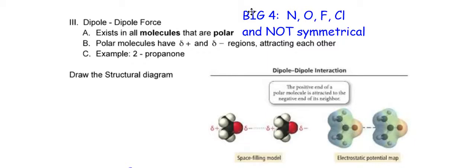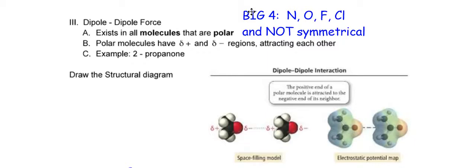But even with NO or OF2, there's enough electronegativity difference between N and O, and F and O, to still have a polar bond. So they exist in all molecules that are polar, meaning the big 4 and not symmetrical. You have to have both in there.